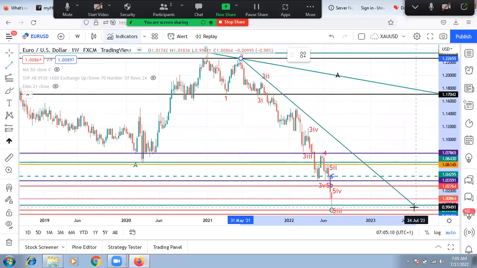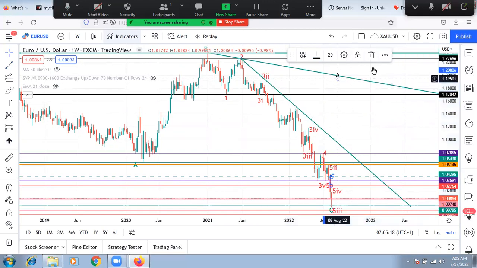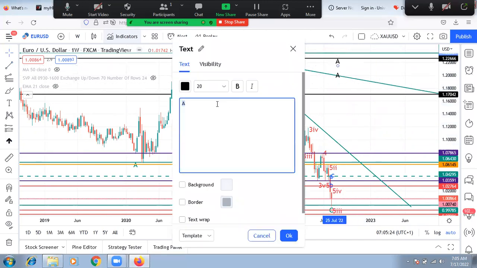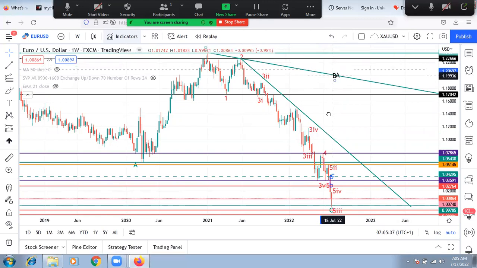This is 3 down. And that is B. That's another trend line that has to go. That is B. So that is the trend line that will go. We will see how that also will go.